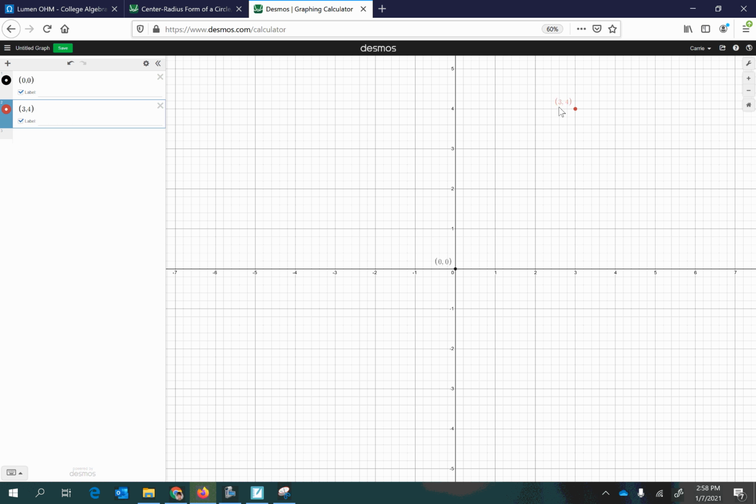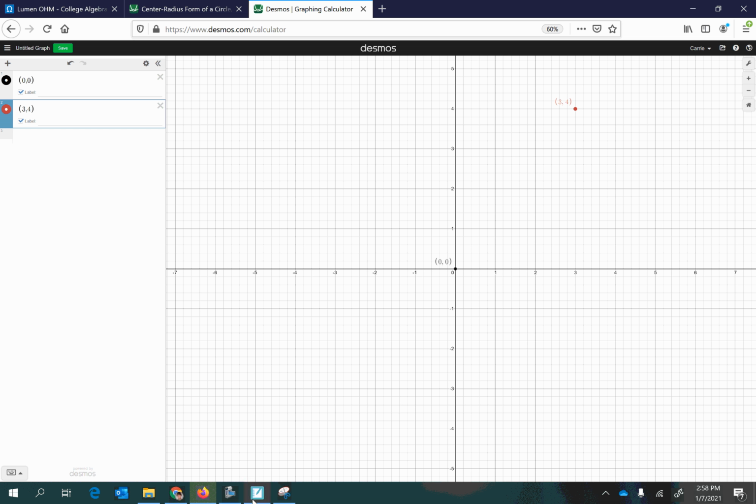So we're going to look at the point 3, 4 again. So here, if I move to the right of the origin, 1, 2, 3, and then from there move up 1, 2, 3, 4, then I have the point 3, 4. Now, what I want to know is what is the distance between the origin to this point 3, 4.